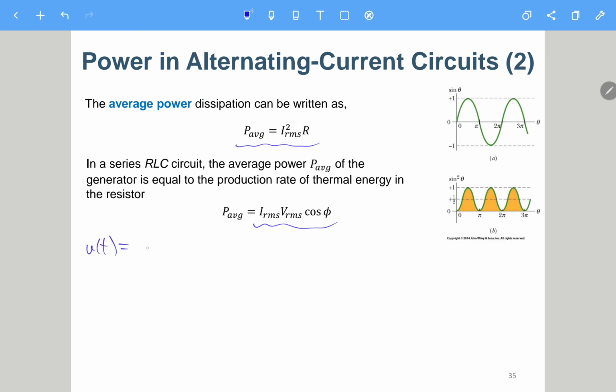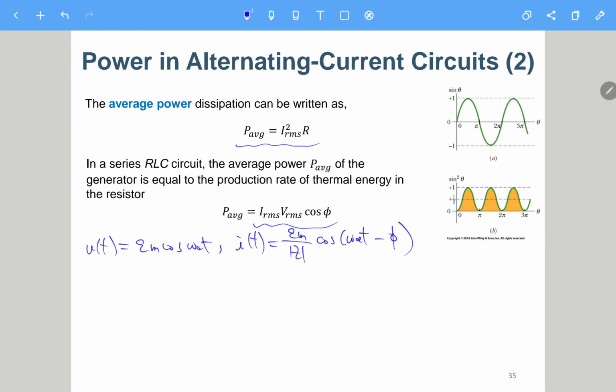we have V(t) to be Em cosine omega t, and also I(t) to be Em over Z times cosine of omega t minus phi, something like this.